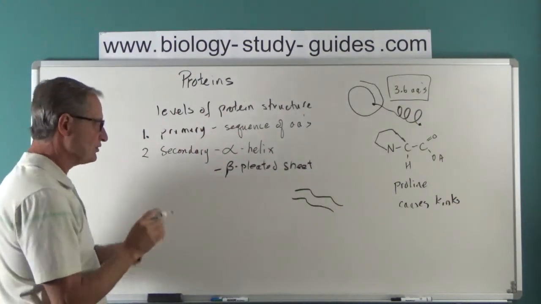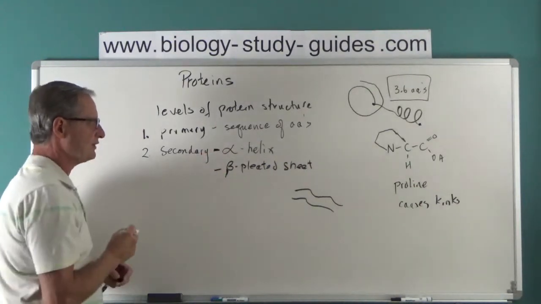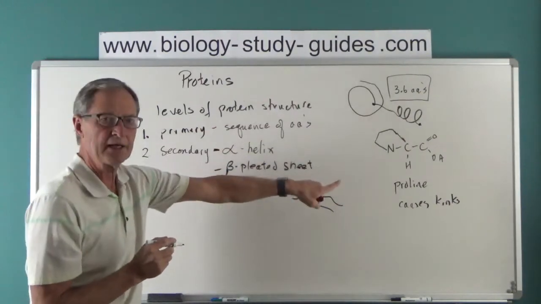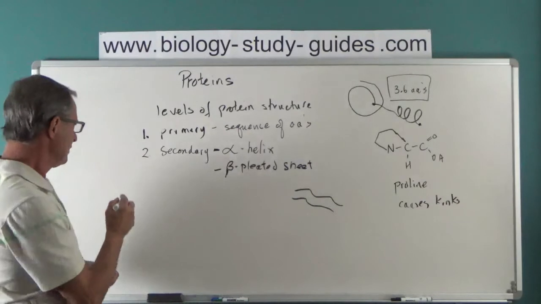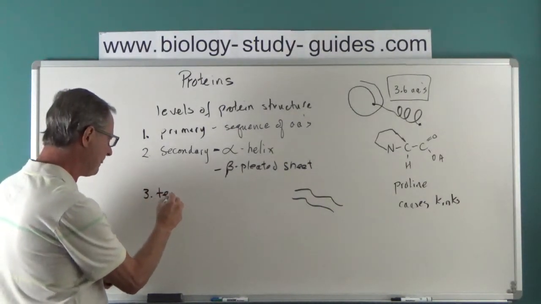So there's two possible variations, but this is the fundamental secondary structure. I'm going to erase this over here in a minute, and then we're going to talk about what kinds of things hold them together in those configurations. But let's get to this one, tertiary.